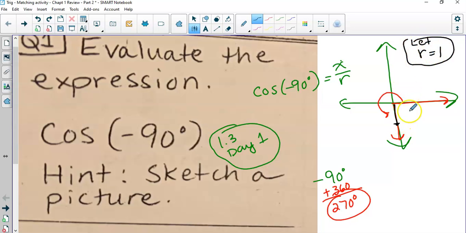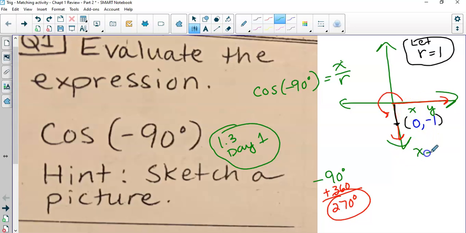If that's the case, then what you can do is name this point using the fact that this is 1 unit out. So this point goes over none, and it's down 1 unit. So this would be 0, negative 1. And you can label this x and y.